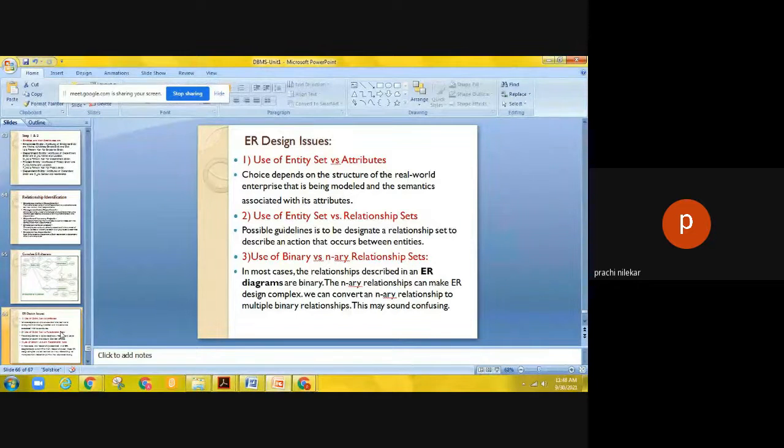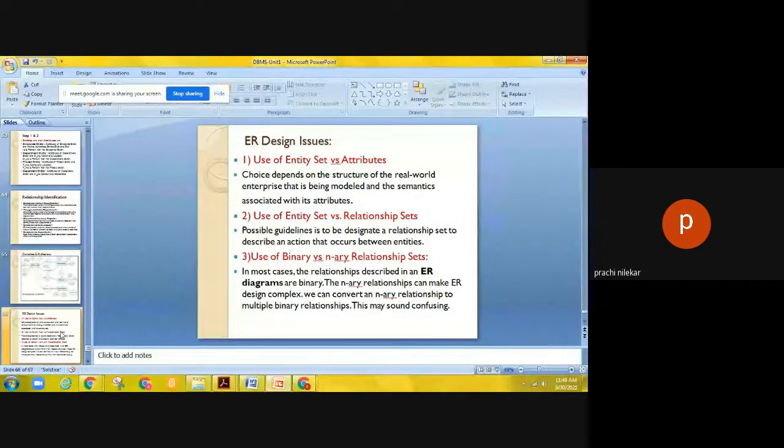This may sound confusing sometimes. A database management system has binary relationships most of the time, but if an n-ary relationship occasionally occurs, we can represent it, but it creates a somewhat complex design and may create confusion. So we have to convert that relationship into a binary one.